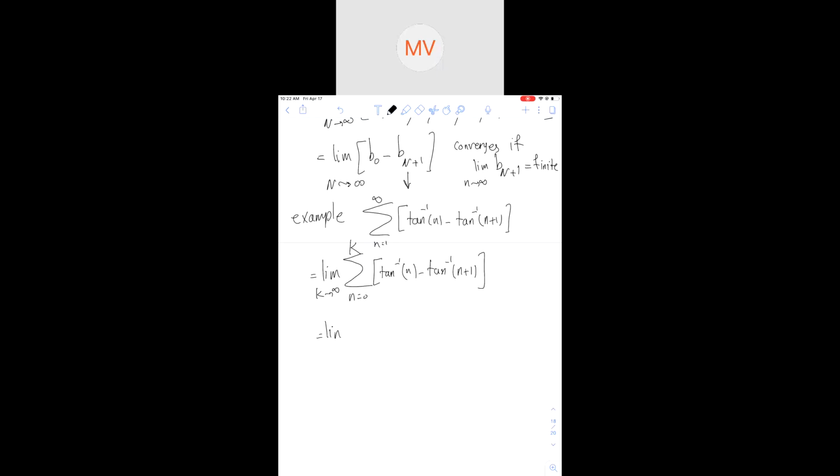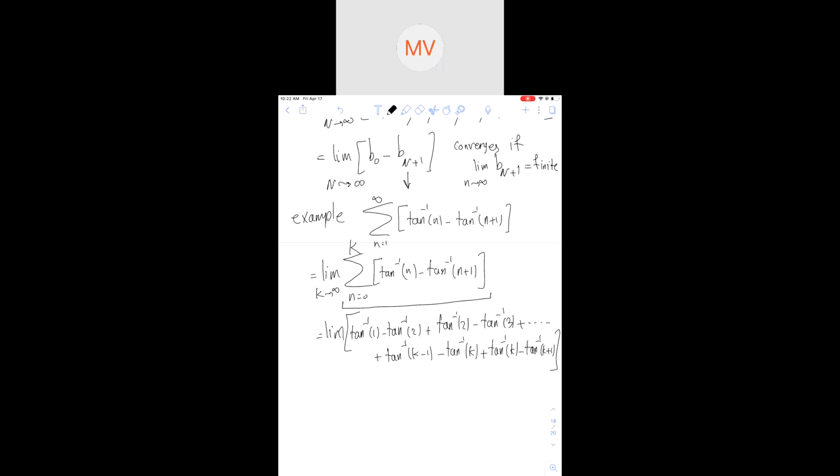Okay, write out the partial sum. So it's tan inverse of 1 minus tan inverse of 2, plus tan inverse of 2 minus tan inverse of 3, plus tan inverse of k minus 1 minus tan inverse of k, plus tan inverse of k minus tan inverse of k plus 1.